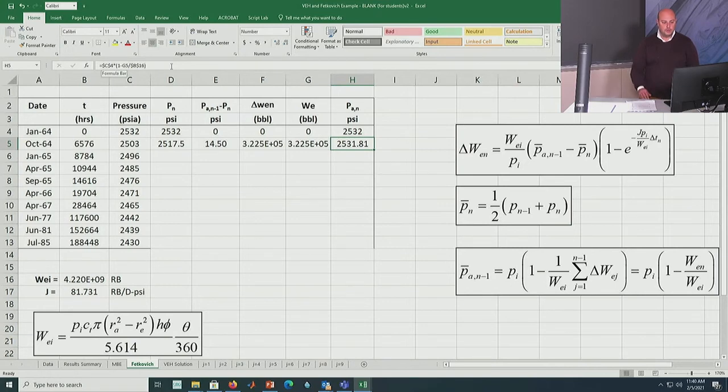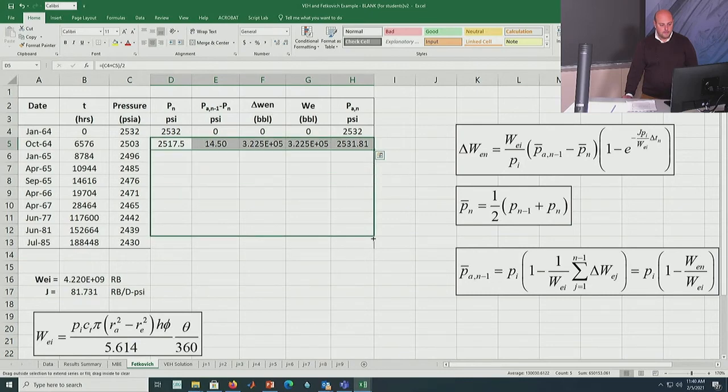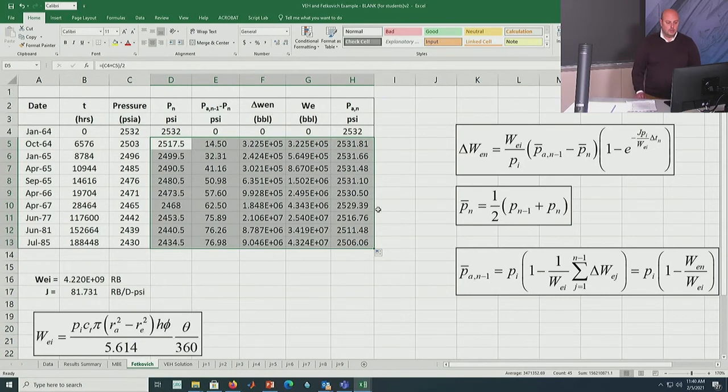But we don't put dollar signs around G5 because that will change. What I did is I highlighted these, went into the bottom right corner, where you have a little black cross, and you drag and drop and you get your solution there. And that's it. That's our whole solution to the Fetkovich method.